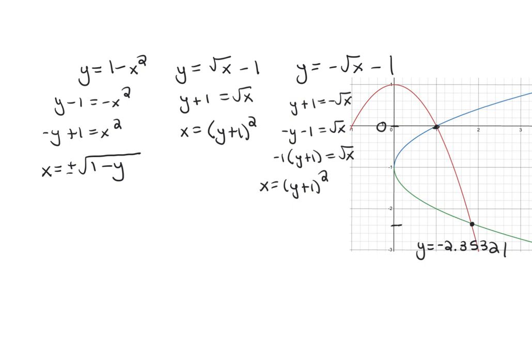So notice how these two come together as the same equation when you are solving for x. And then this one, we will only need to use the positive 1 minus y, because essentially we're using the right side of this graph.